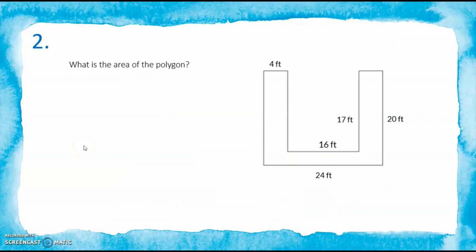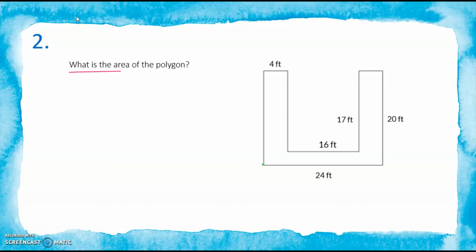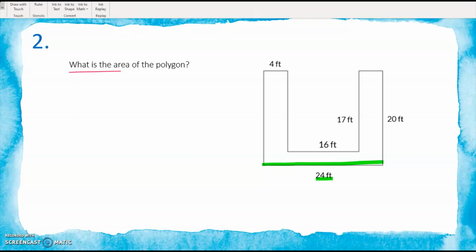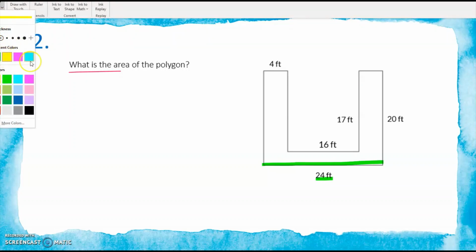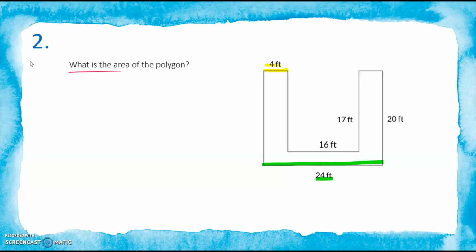Okay, this is a polygon, and it's asking us to find the area. So take a second, pause, and go ahead and draw the figure on your paper, please. I'm going to annotate and color code what goes together. So the whole green space is 24. This is 4.